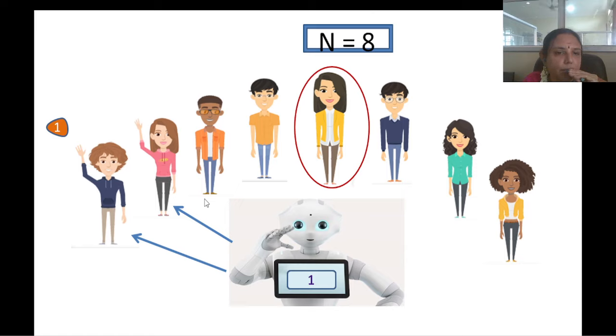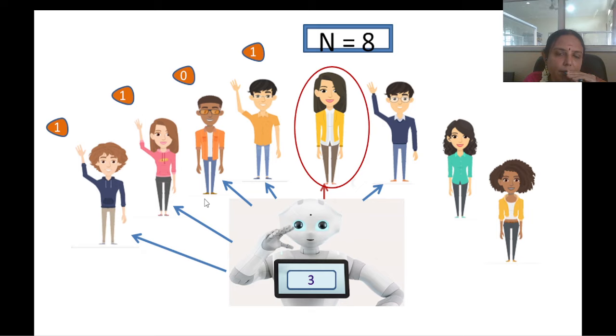She is also raising the hand, so the signal is 1 and incrementation is done. Next, the third person has not raised, so 0. Then the fourth person has raised the hand, so the signal is 1 and incrementation is done. Next person is the nominee, so we don't consider her.